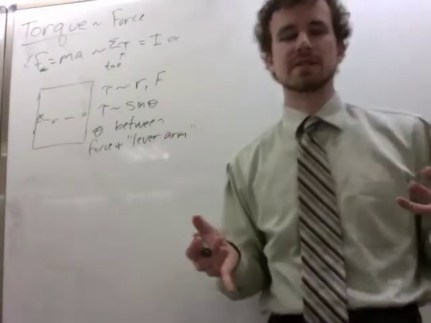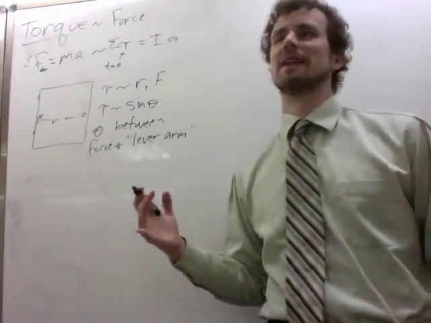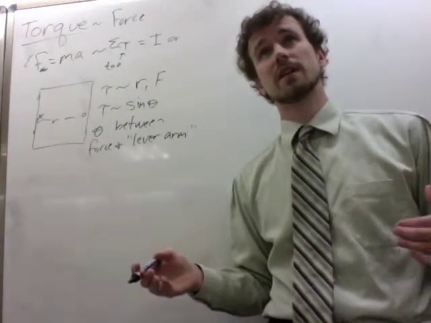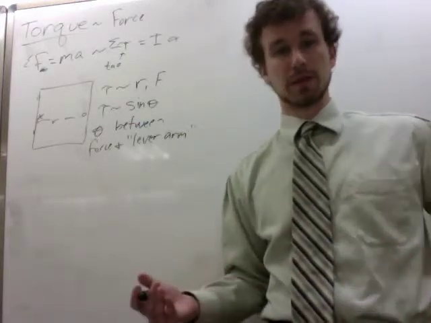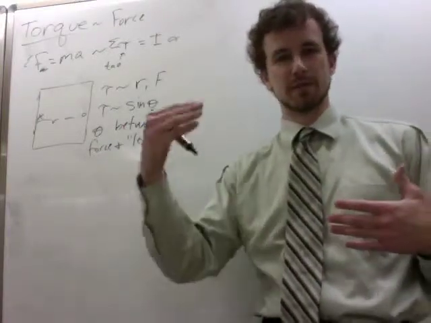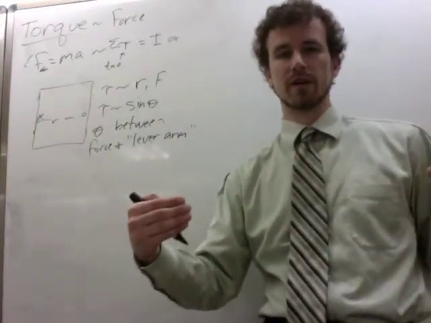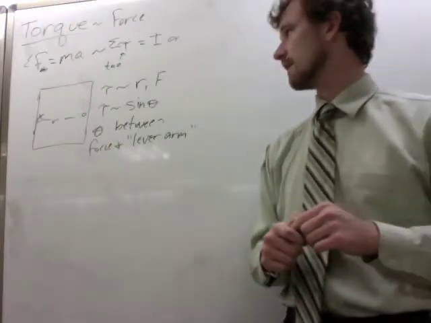For most things, it's kind of intuitive what you need to push perpendicular to. You push perpendicular to the door. The lever arm is just kind of an imaginary line from the pivot point to where you're applying the force. So that's how you can think of lever arm.